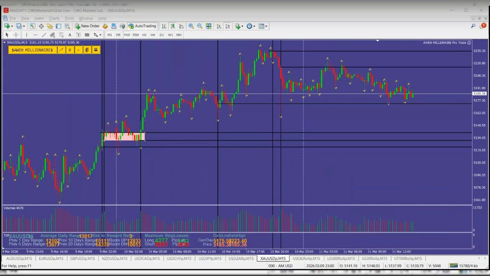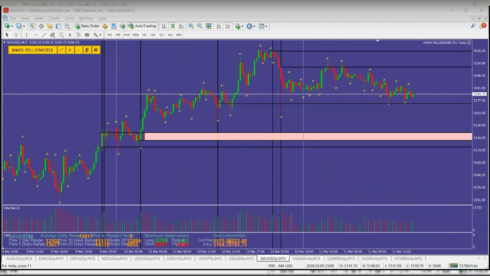And I'll add in the rectangle just so we can see. Okay, there we go.